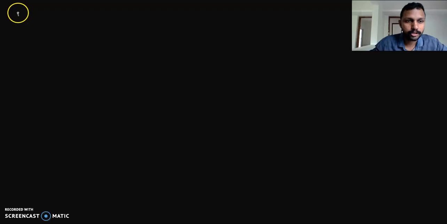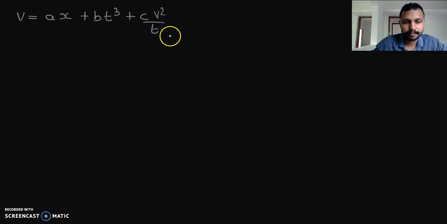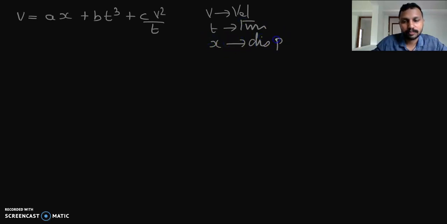Now we have an equation v = ax + bt³ + cv²/t, where v is velocity, t is time, and x is displacement.